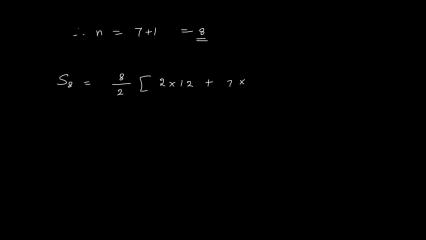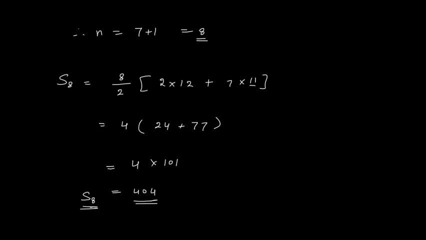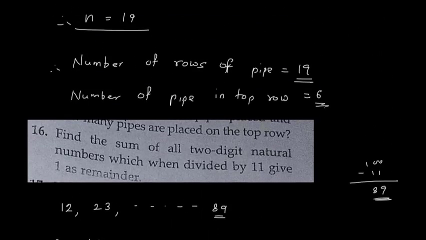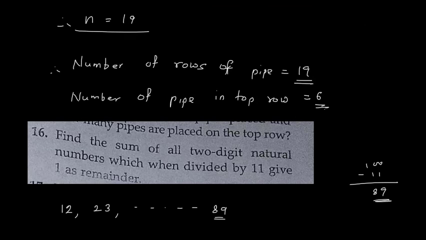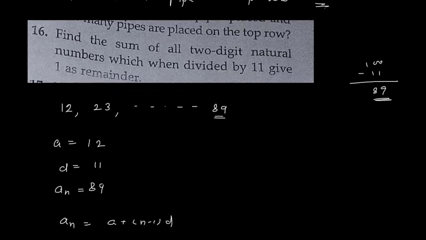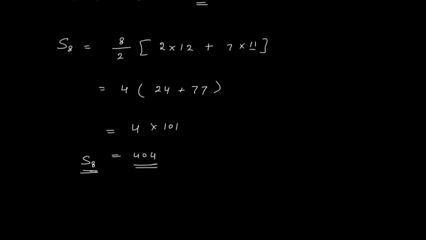So this will become 4 into (24 plus 77). 24 plus 77 is 101. So it is 404. S8 is 404. So the sum of two digit numbers which when divided by 11 give remainder 1, the required sum is 404.